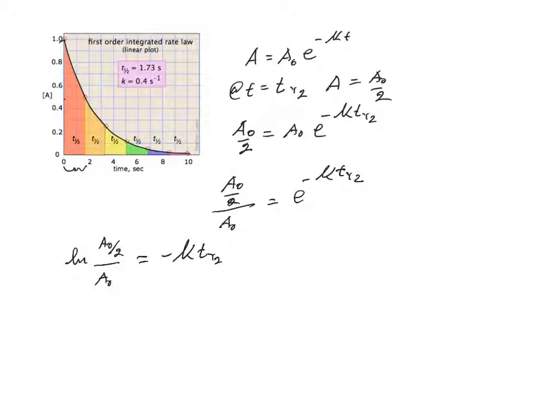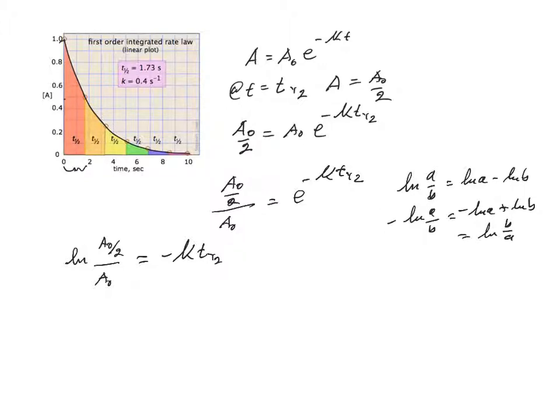And remember that the ln of a over b is equal to the ln of a minus the ln of b. So the negative of ln of a over b is equal to minus the ln of a plus the ln of b, which is equal to the ln of b over a.